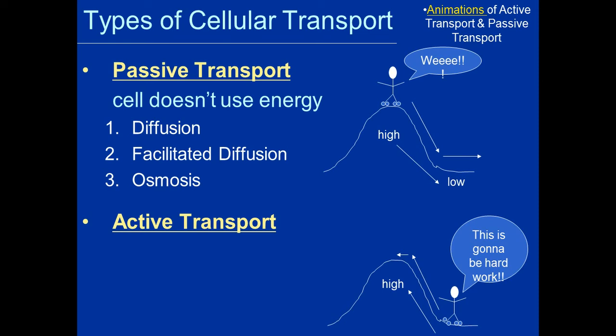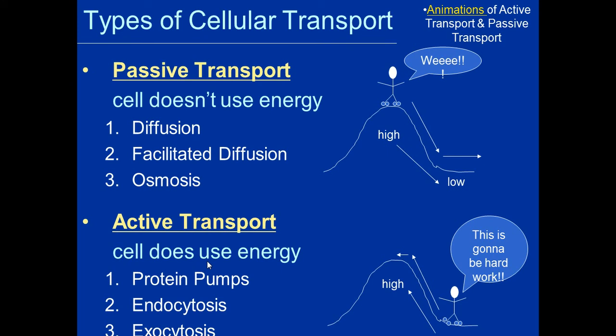So think of passive transport as molecules going down the hill from areas of high concentration to low concentration. It doesn't require any energy for this figure on his roller skates to go down this hill. Active transport, on the other hand, does use energy.